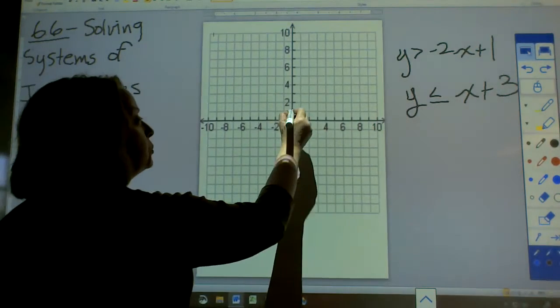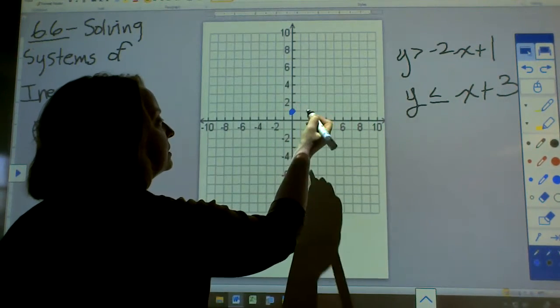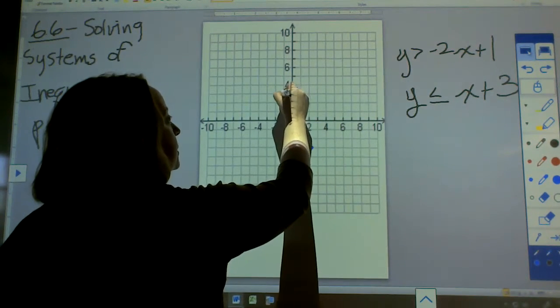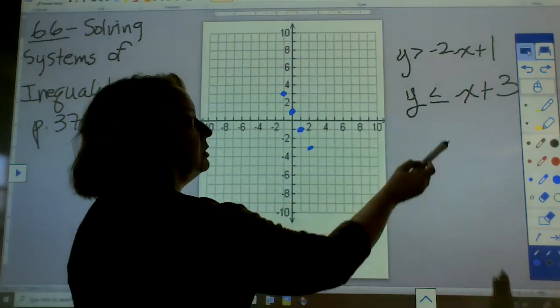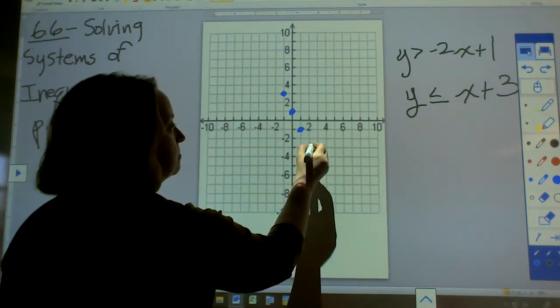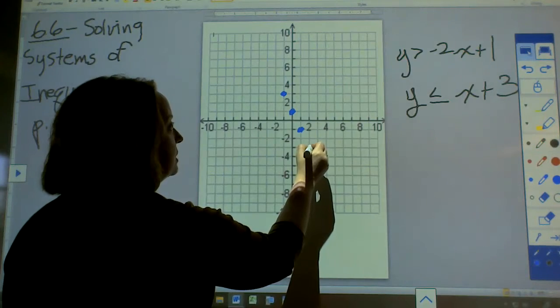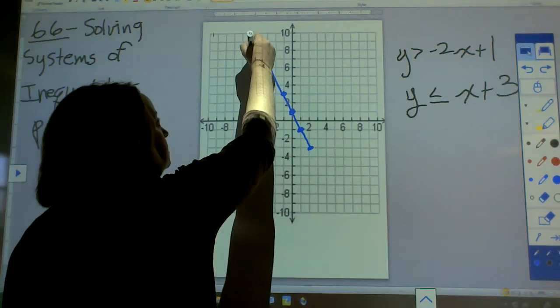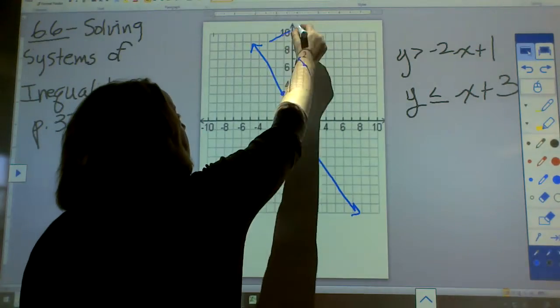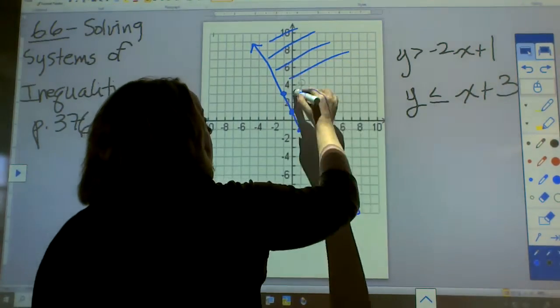We're going to go up 1 on the y-axis, down 2 over 1, and graph some points here. It's going to be a dotted line because there's no line underneath it, since it's greater than. And since it's greater than, we're going to shade above the line.